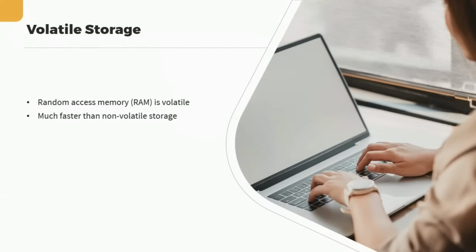However, for something like a document that you're creating for the first time, while you're typing away, the information in fact is only stored in RAM until you save it. Now, just quickly, these days most applications have autosave features to ensure that documents are saved regularly. But back when I began my career in IT, that was not the case.